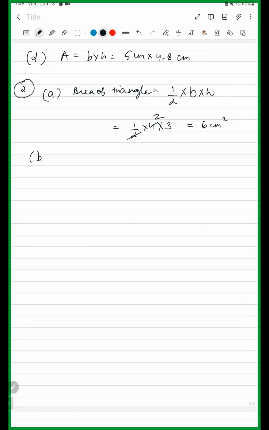Then 1 by 2 multiplied by 5 multiplied by 3.2. So 1 by 2 multiplied by 16.0. So it will be 16 by 2. So the final answer will be 8 centimeters square.